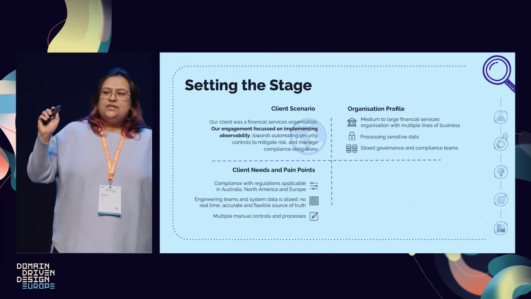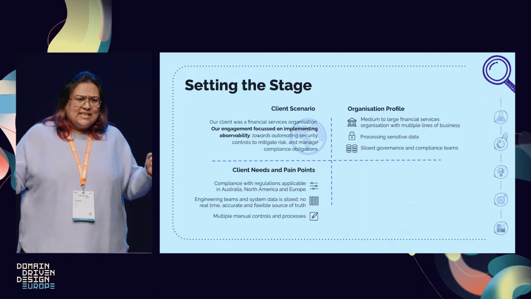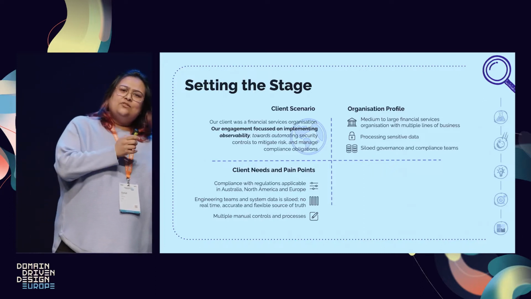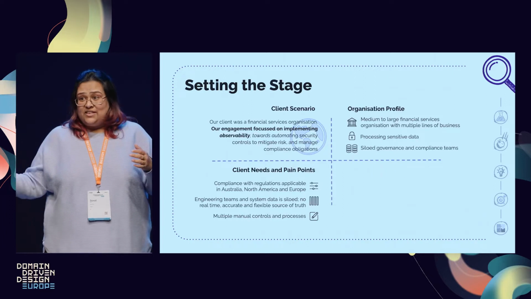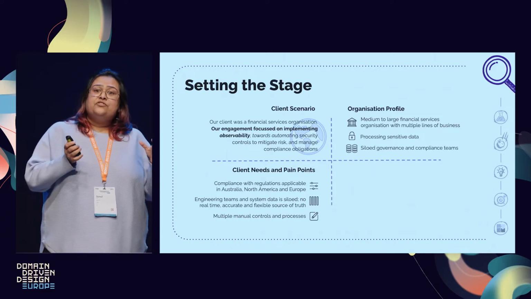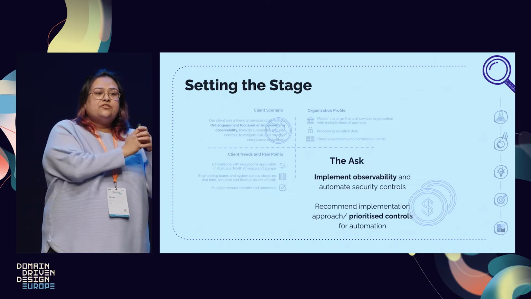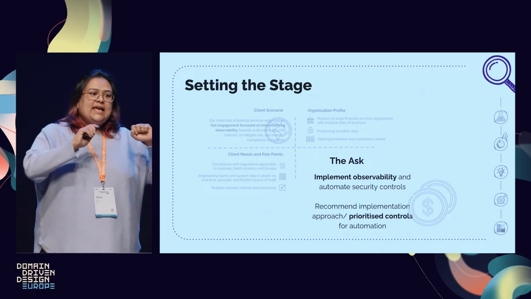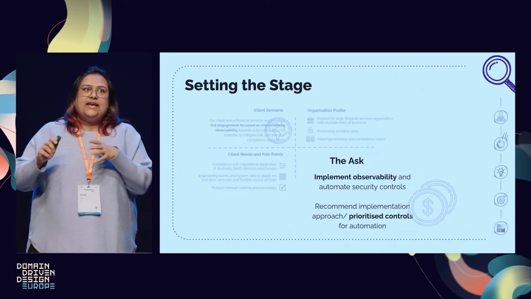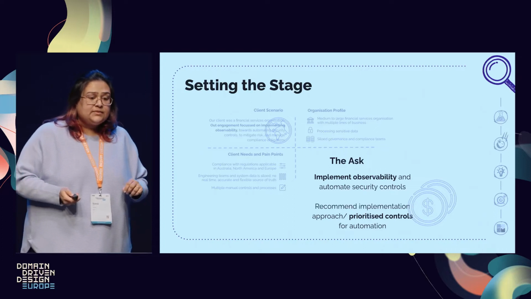This organization had all the trappings of a large financial services organization, including siloed teams, distributed teams, and because they were financial services, they had a lot of competing compliance obligations distributed across very different regulatory bodies, and that created a lot of manual process overhead.